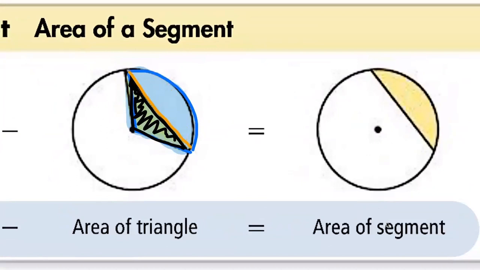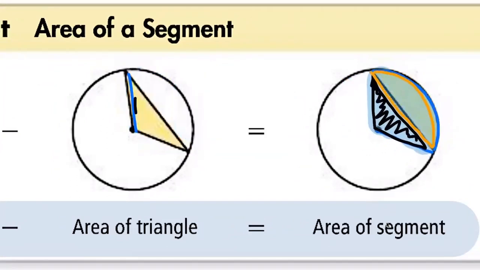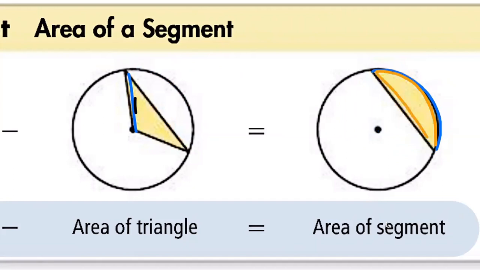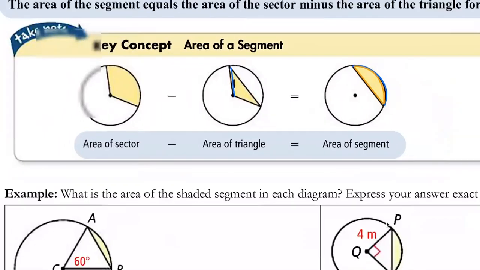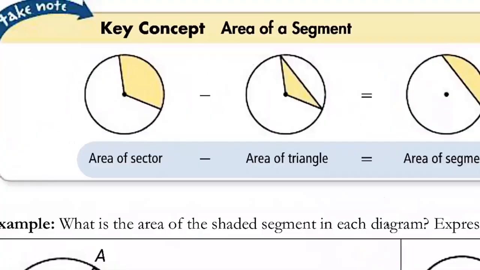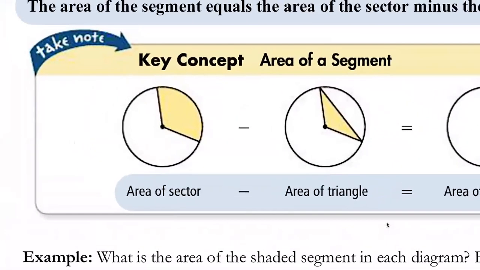Ooh, that was terrible. This part. And that will match up with the segment we were trying to figure out. So that would be what's left over. Don't overthink that. Hopefully that makes sense. You're just removing a triangle from the sector to get the segment. Take that out, leave that, and you've got your segment.